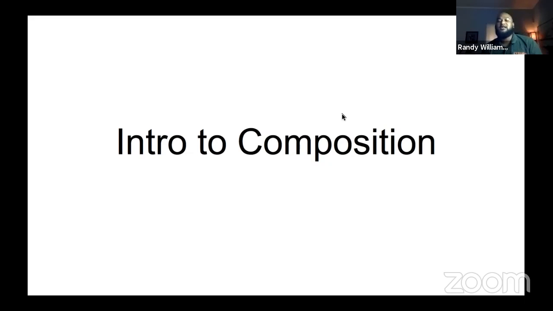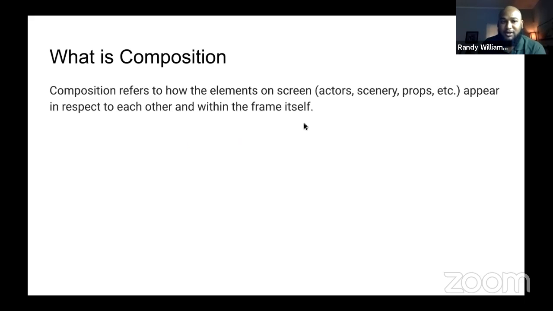There we go. All right, so basically this class is intro to composition. Composition is probably the most important thing as far as cinematography goes, in my opinion, and just about everybody else's opinion. So what is composition?